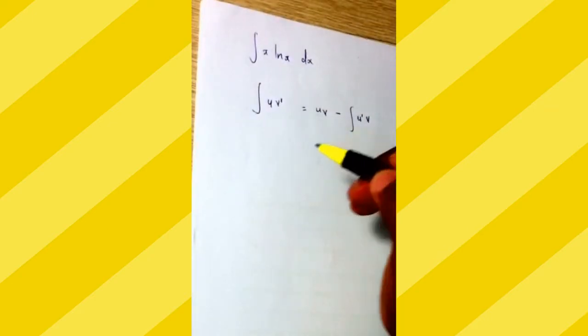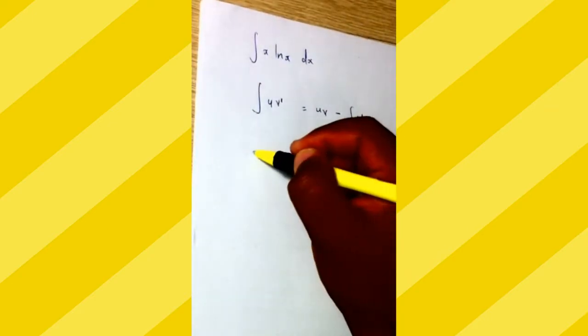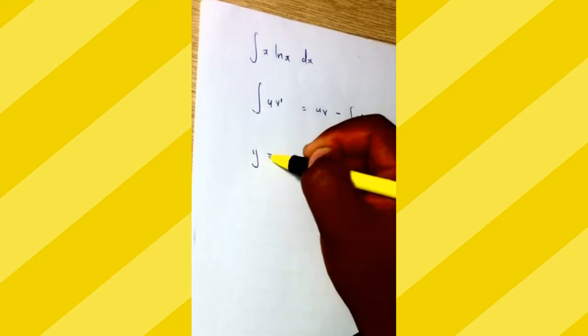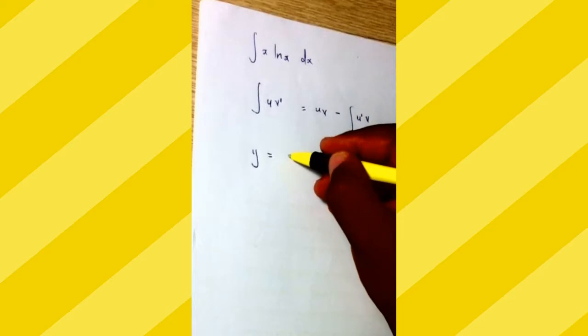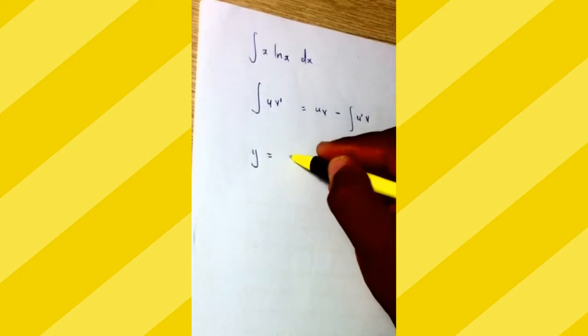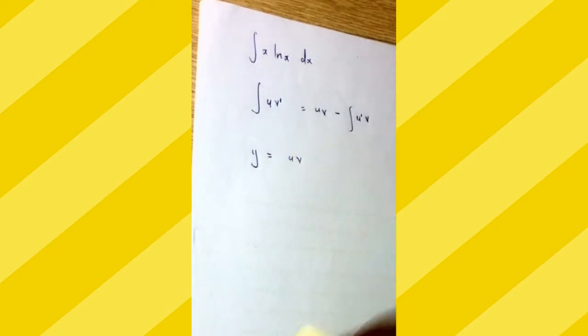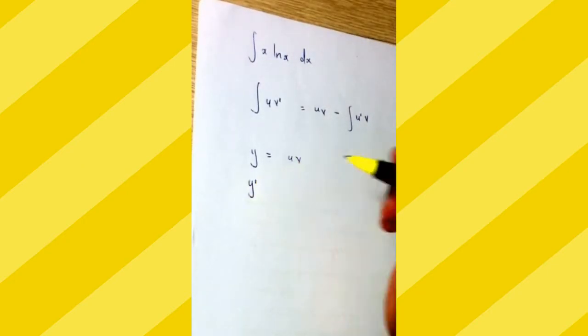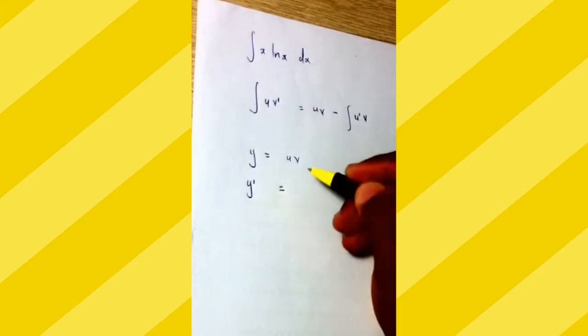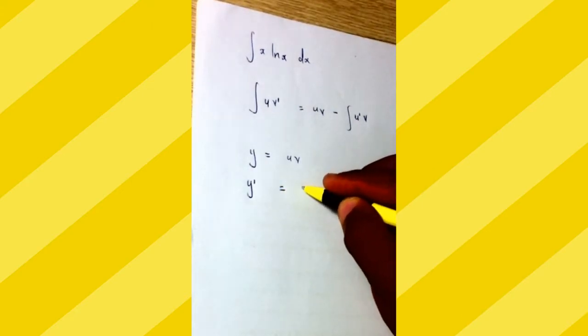I just want you to remember that when we differentiate a function which is just a product of two functions, for example y is equal to uv, the derivative of y is going to be calculated in this way.